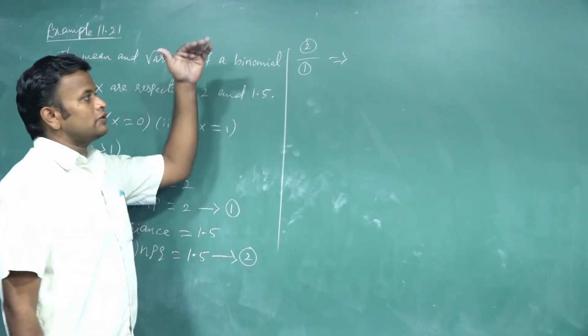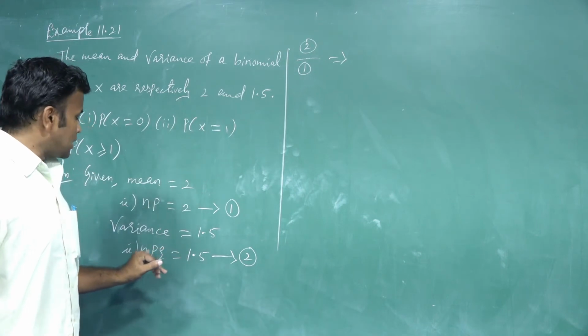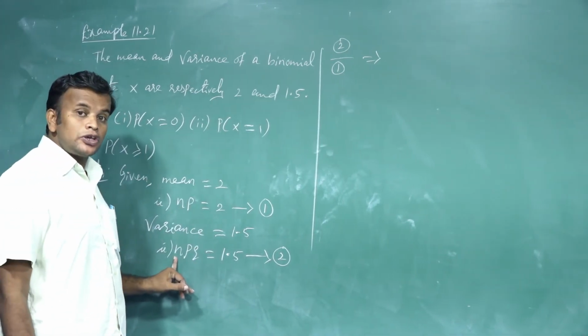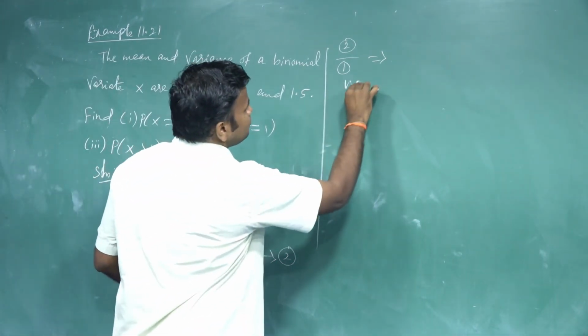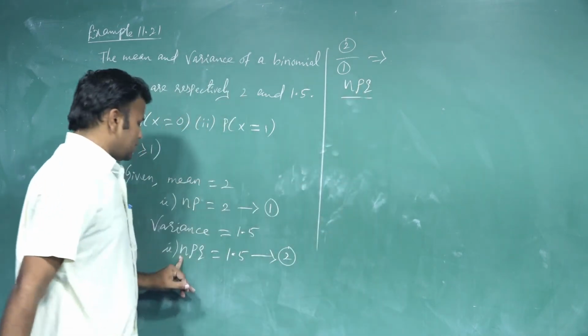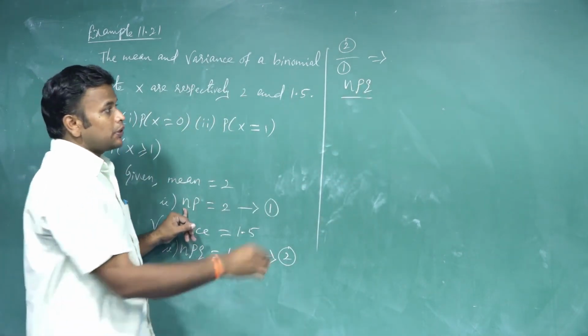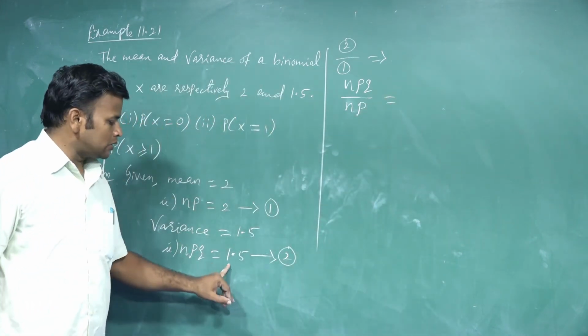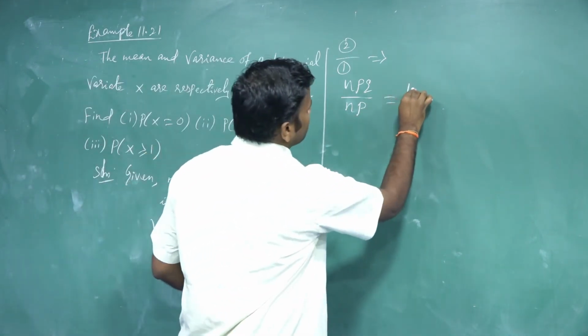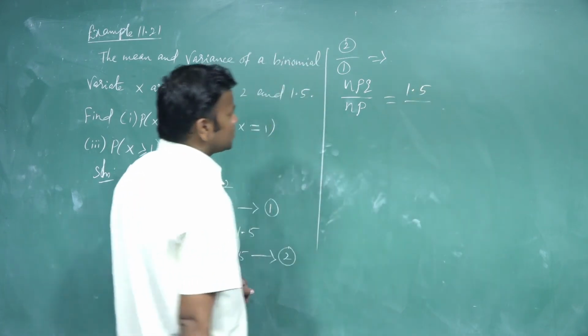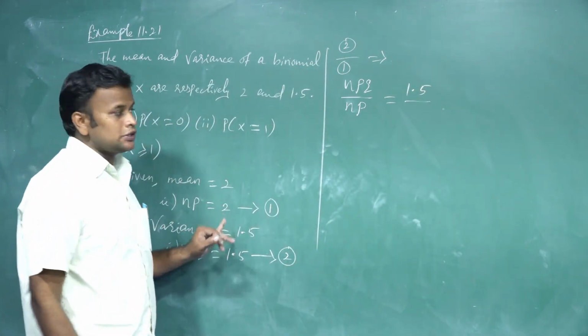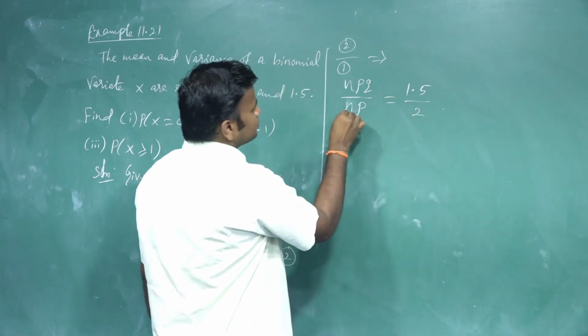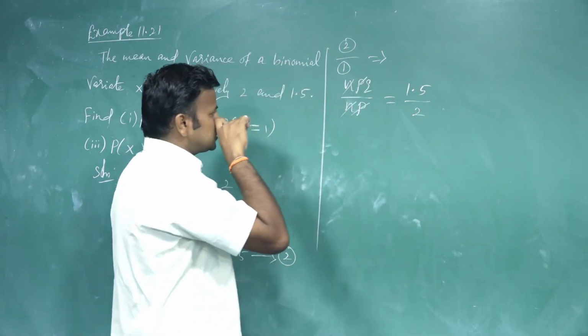I divide the second equation by the first equation. The second equation LHS, npq, by the first equation LHS, np. The second equation RHS, 1.5, by the first equation RHS, 2. np is cancelled.